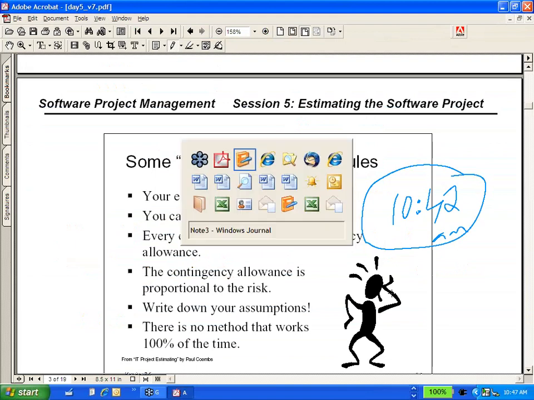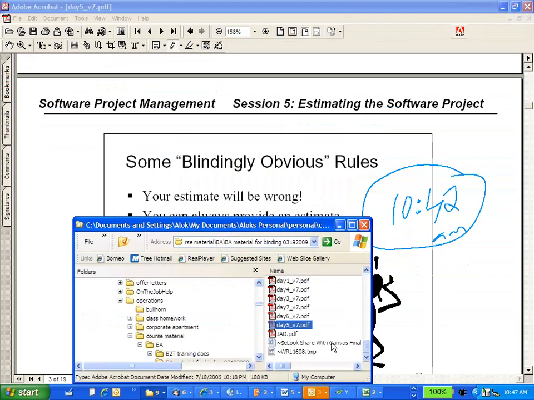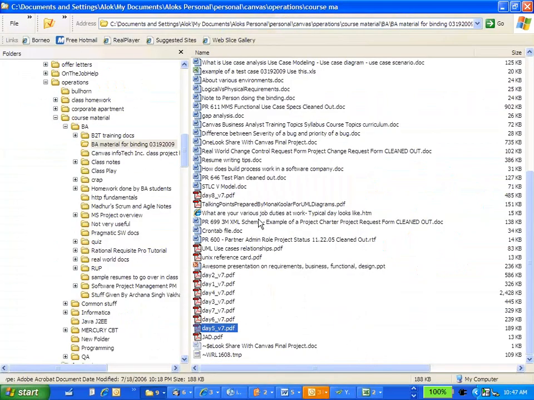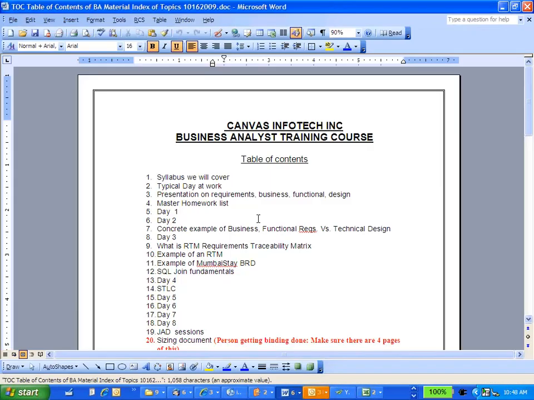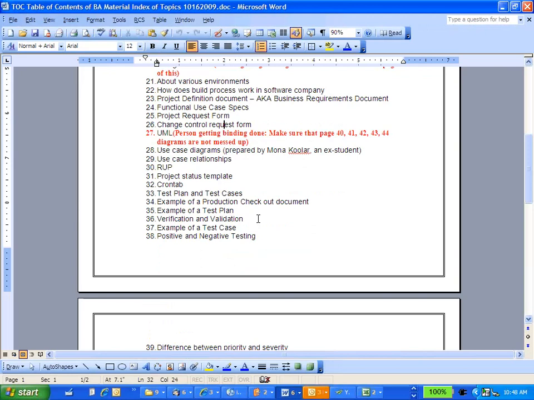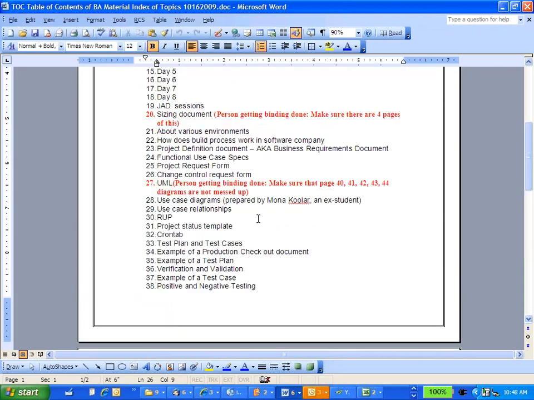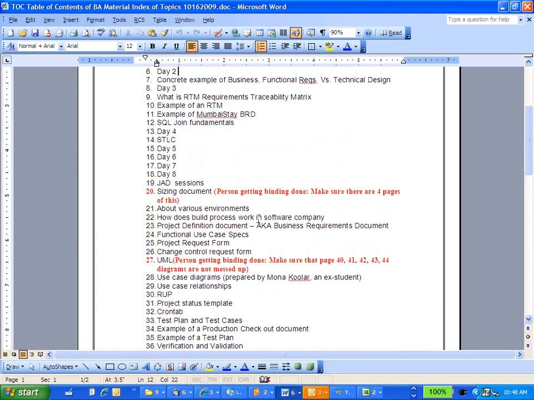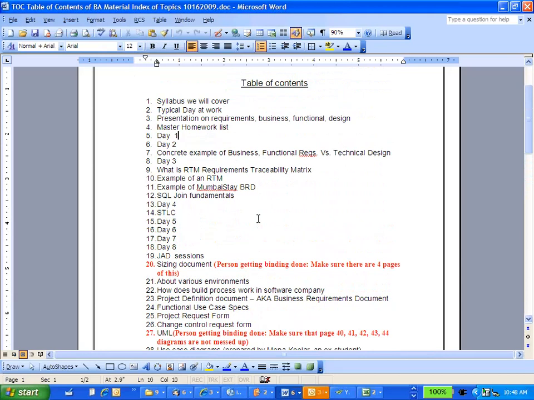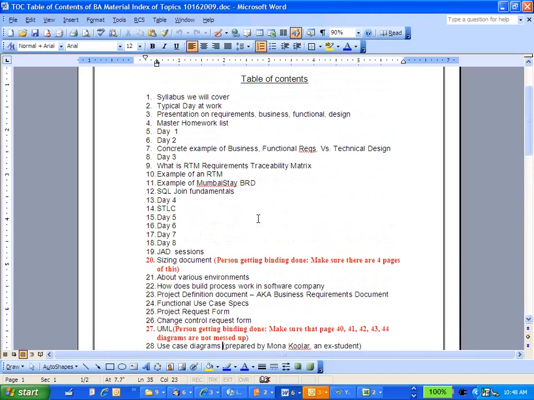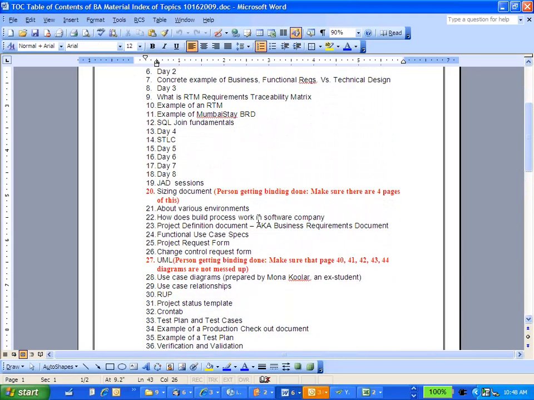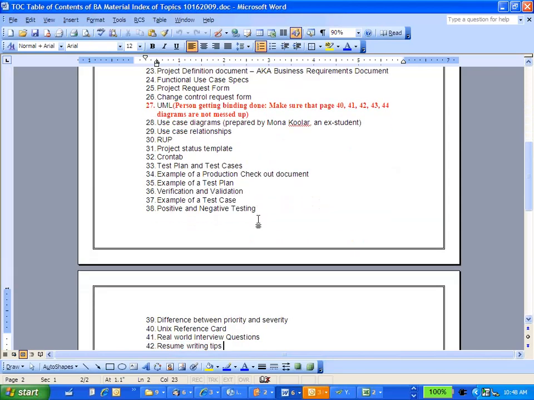Let's see. I would like you guys to open, in your table of contents, if you see... No, looking for it. Wow, it got deleted. This is what happens when multiple people are touching it. Yep, it got deleted.